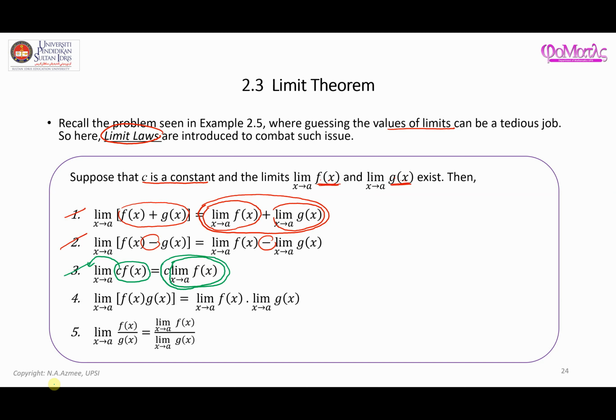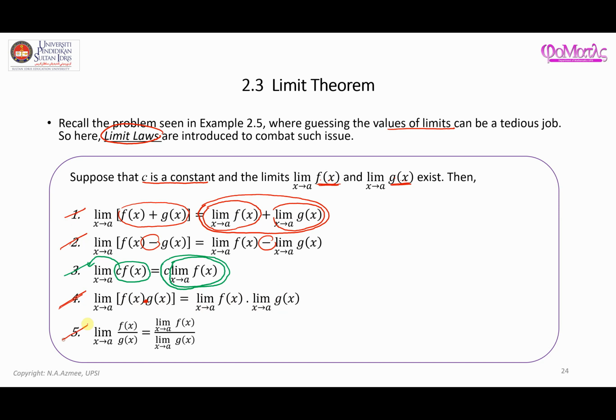Now, in a similar manner, the fourth rule is similar to the first and second rules, whereas here we have a multiplication process. So f(x) is multiplied by g(x), and in order to evaluate this, we can evaluate them separately, and then once you get the results, you just multiply the answers.